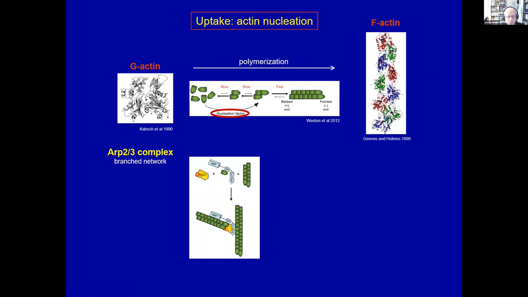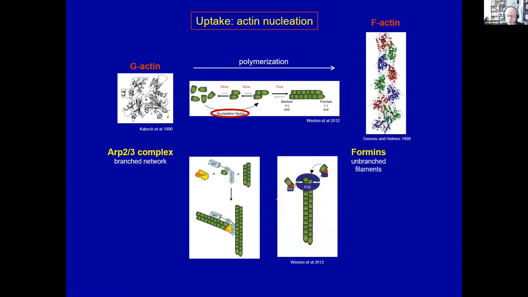One of the most important ones is the so-called ARP2/3 complex. This complex binds to the side of existing actin filaments, and then it leads to formation of a new daughter branched filament. You may not have heard that there are also other nucleators called formins that lead to the formation of unbranched, so just longitudinal, actin filaments.